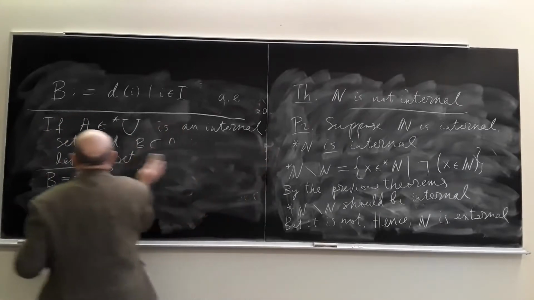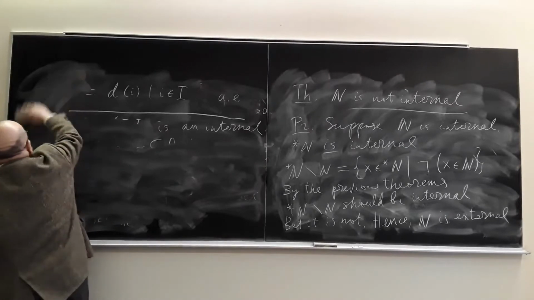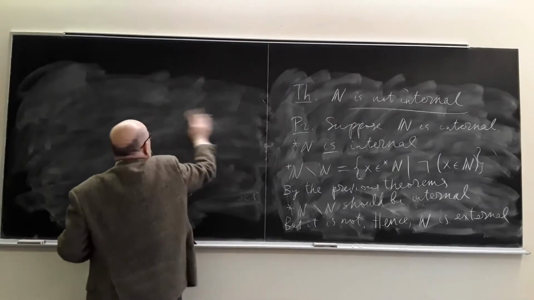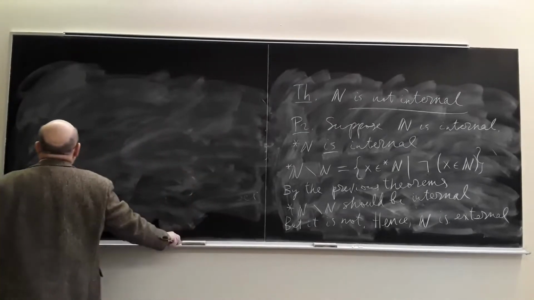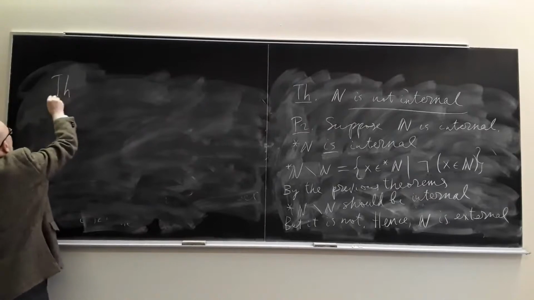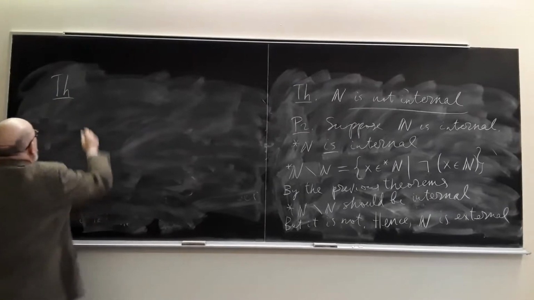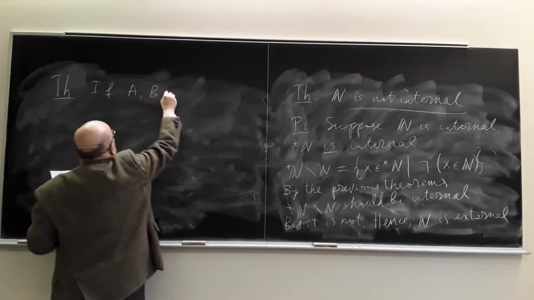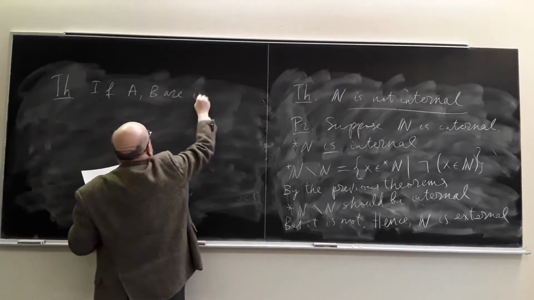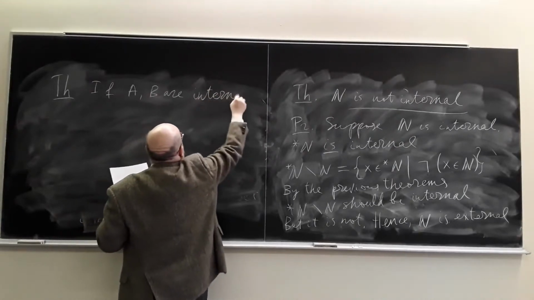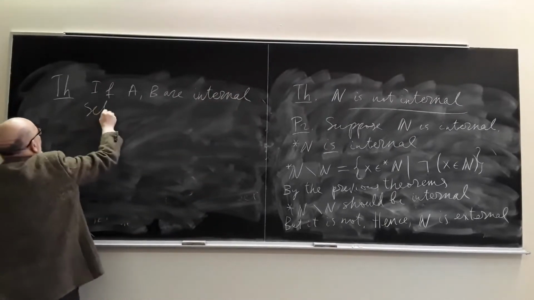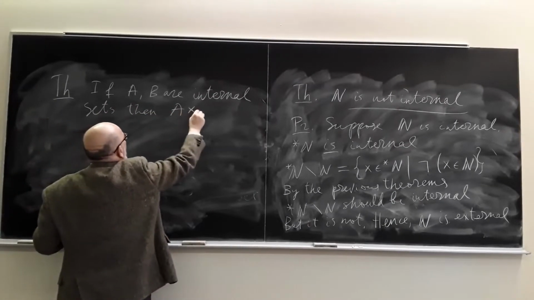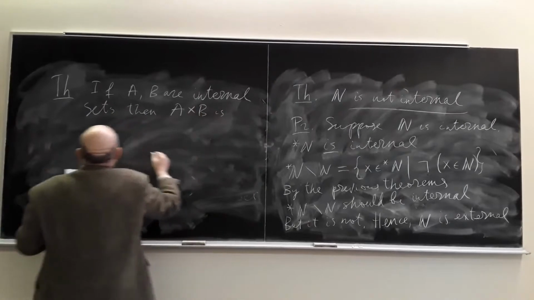Next theorem: if A, B are internal sets, then the Cartesian product is internal.